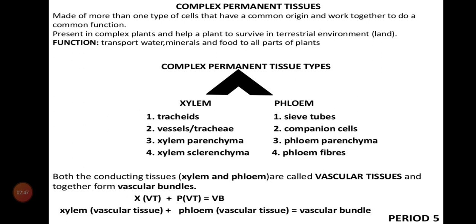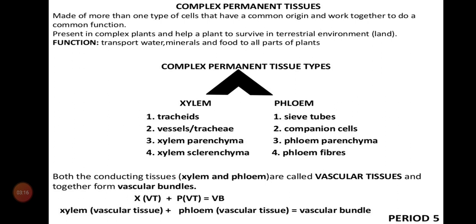And where can we see the complex permanent tissues? In the second point: complex plants. We can see them in complex plants, and they also help a plant to survive in a terrestrial environment. Most of the land plants have complex permanent tissue, because land plants, terrestrial plants, possess a very rigid body where we can see huge trees.